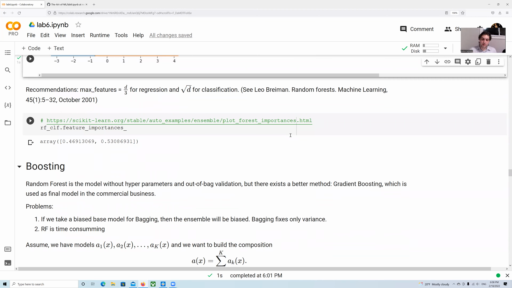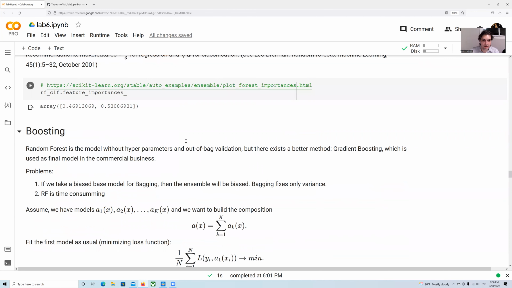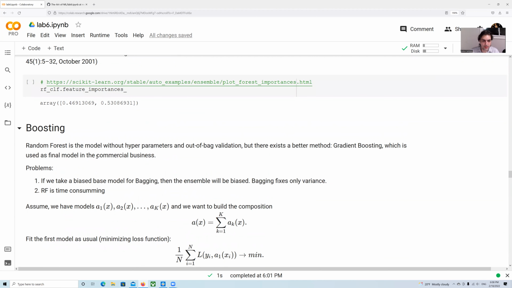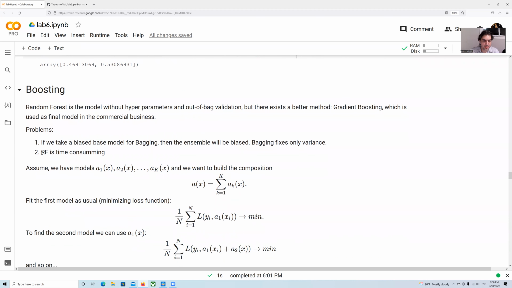But why do we need other models, the boosting? Let's talk about some problems with random forests. One problem is that it takes time to train a lot of trees.